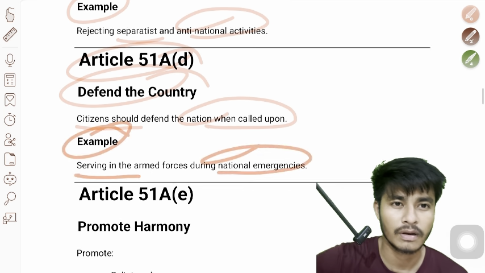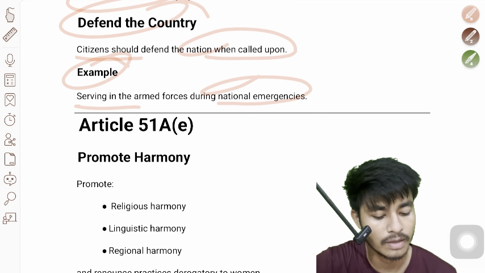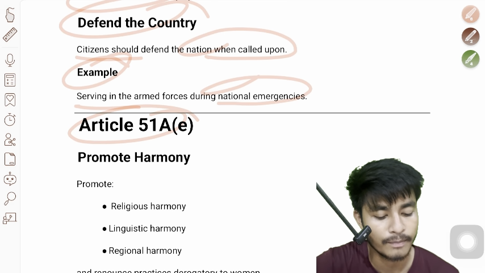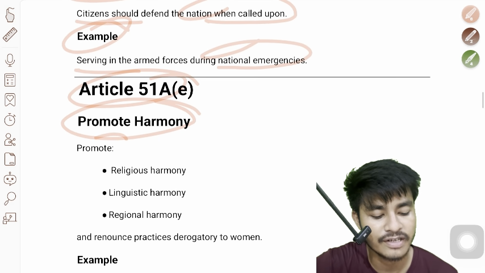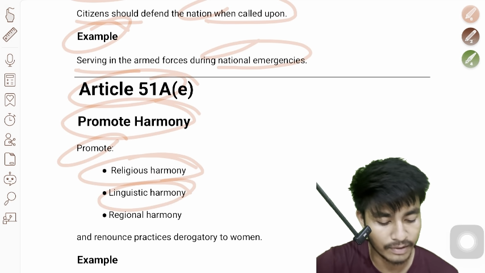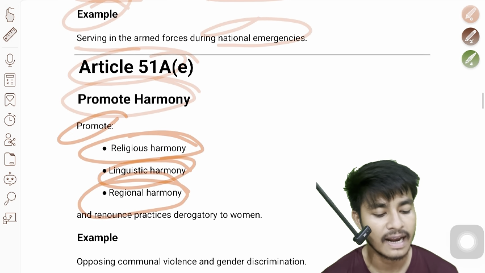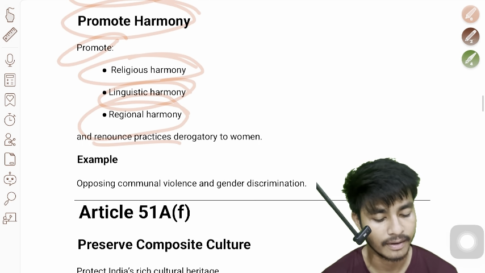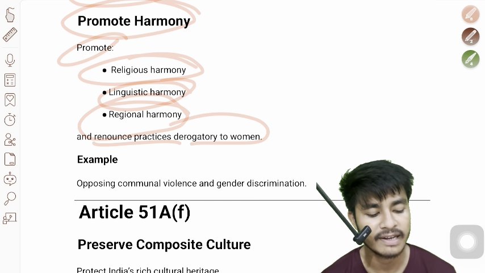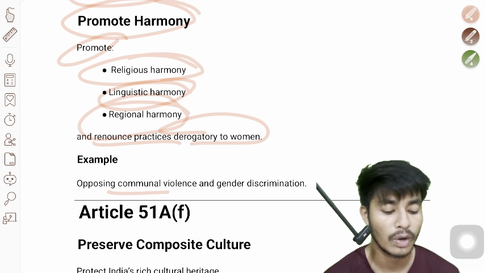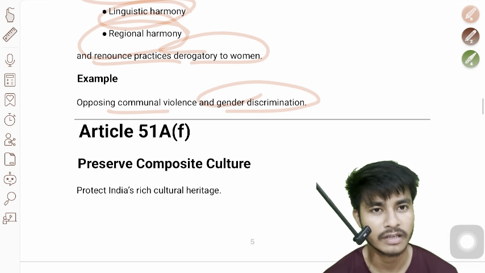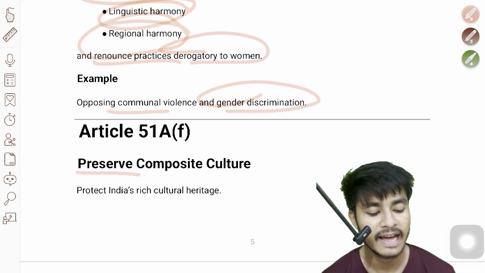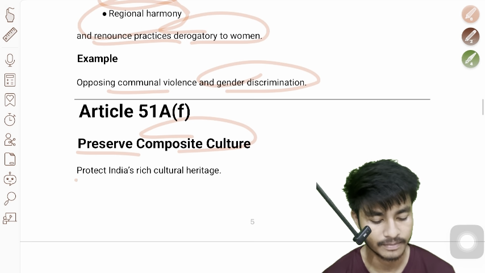Article 51A, subclause E talks about promoting harmony: religious harmony, linguistic harmony, and regional harmony. Renounce practices derogatory to women. Example: opposing communal violence and gender discrimination. Article 51A, subclause F talks about preserving composite culture, protecting India's rich cultural heritage.